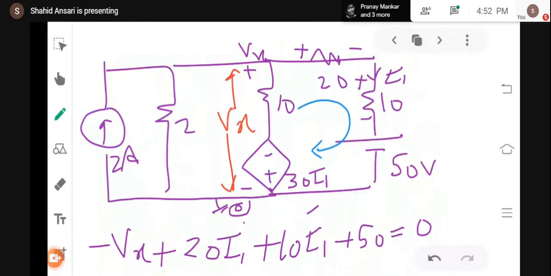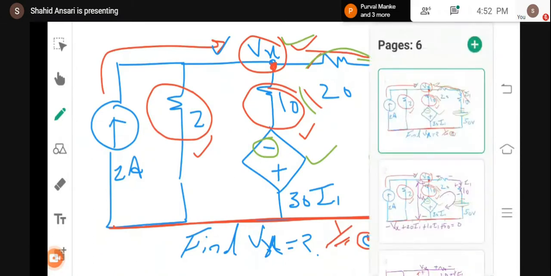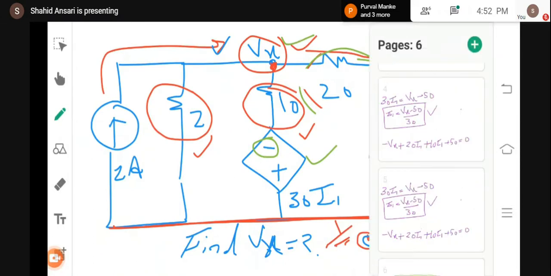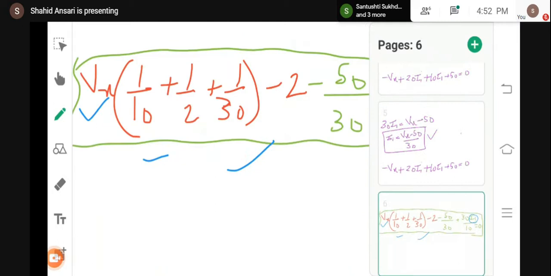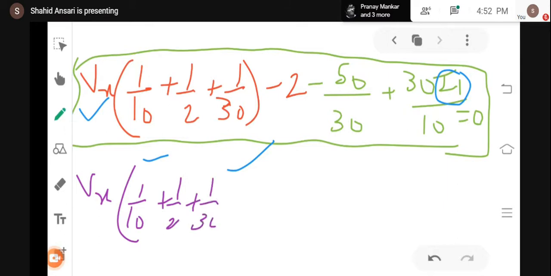this particular first equation, where we had our first equation. Now Vx times 1 by 10, 1 by 2, and 1 by 30 equals plus 2 plus 50 by 30.